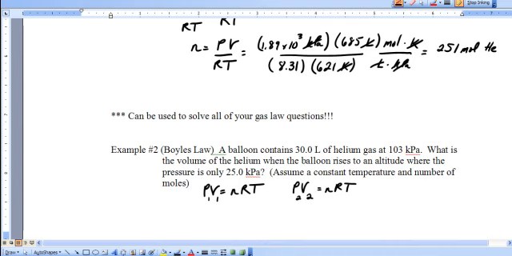So we're going to call that P2 and V2. Well, here's the deal. If the original pressure times the volume equals nRT, and the final pressure times the volume equals nRT, and the number of moles and the temperature remain constant, that means this nRT is remaining the same. So therefore, we can substitute in P2V2 for nRT. So what we're left with is P1V1 equaling P2V2.